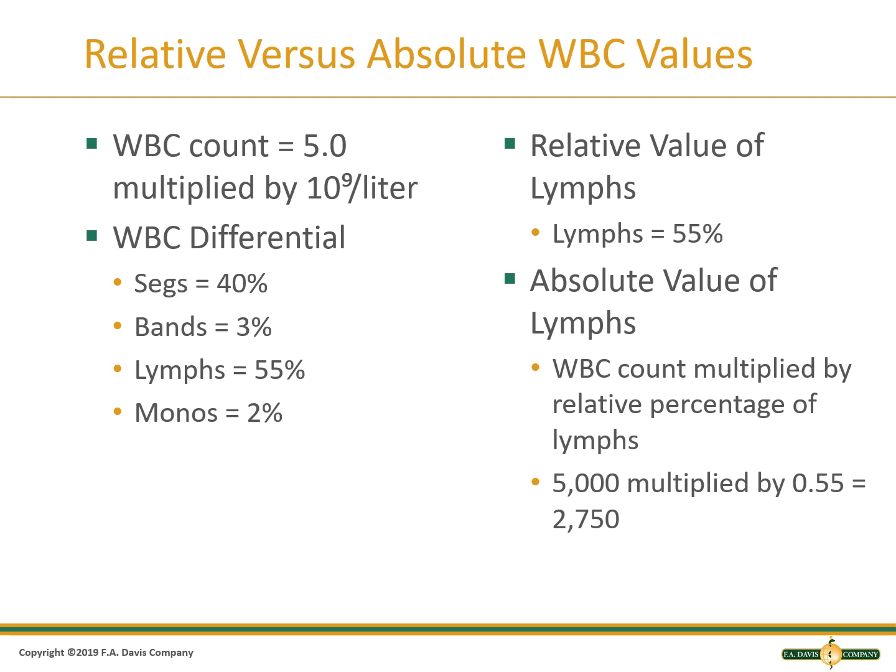So you have 5,000, which is the 5.0, multiplied by 0.55, which is converting the 55% to a decimal, which gives you 2,750. And again, your automation is going to do this absolute count for you, but you just need to be aware of the difference and how this is determined.